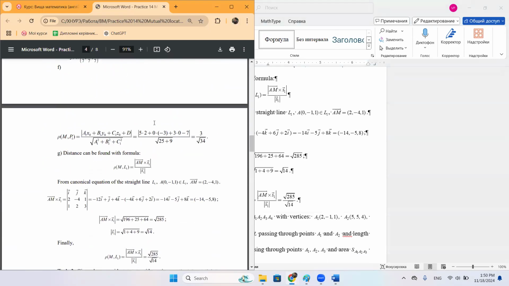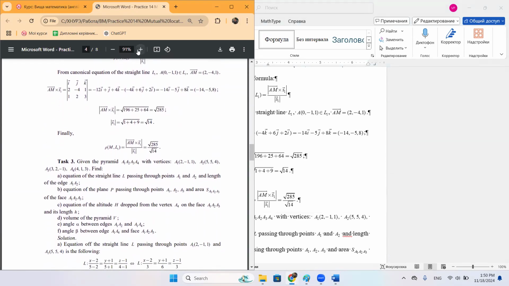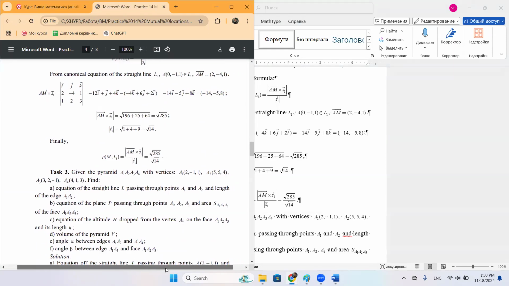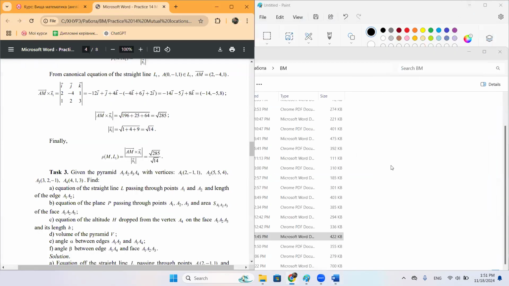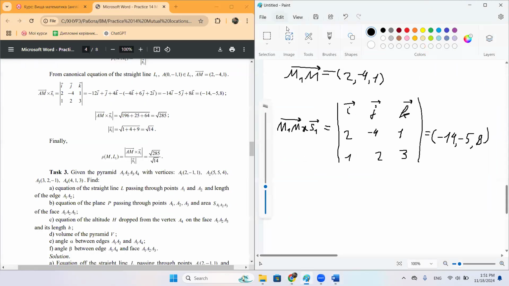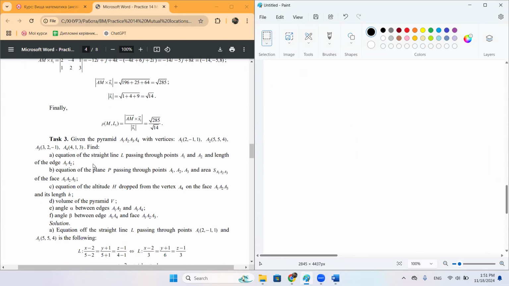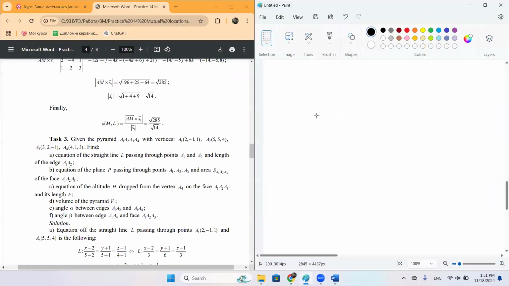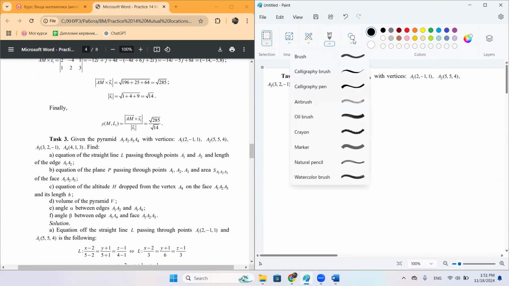Yeah, so now everything is correct. Okay, so now let's do the next task. So we need to do some manipulations with the pyramid. Okay, so we have the pyramid. Let's draw it, first of all, for better understanding.